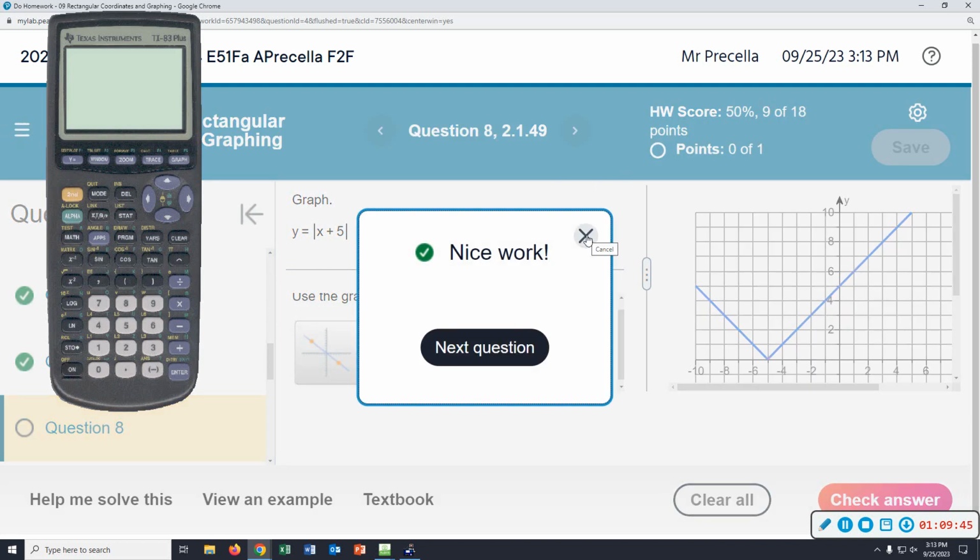In today's assignment, the only graph where the order in which you plot the points matters is the absolute value expressions. The lines and quadratics, you just plot them in the order in which they fall out in the table. But for absolute values, you must plot the vertex first. Any questions there?